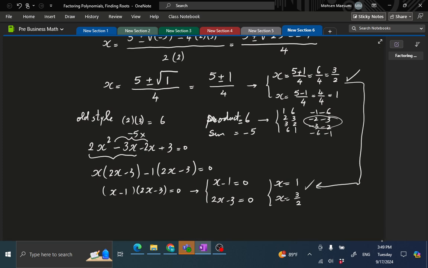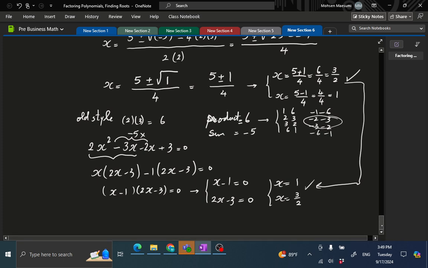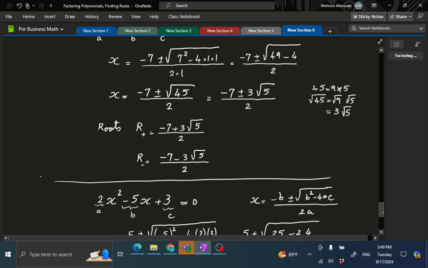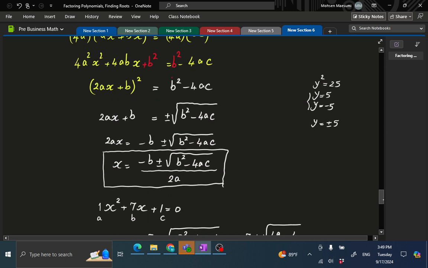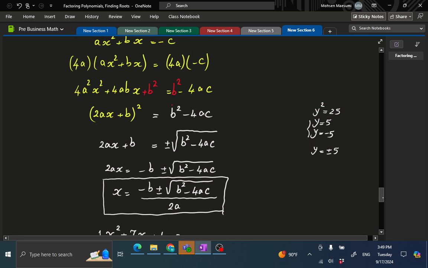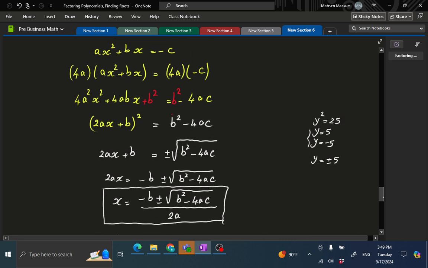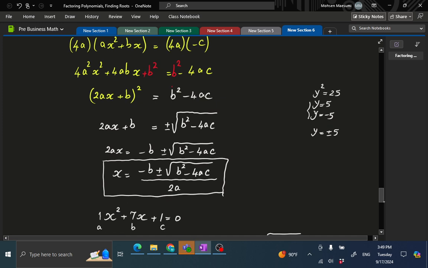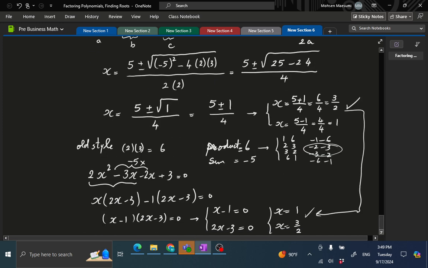So we learned how to factor. We paid tribute to this major idea from ancient times, how to solve the quadratic equation. So let's paraphrase that one more time.